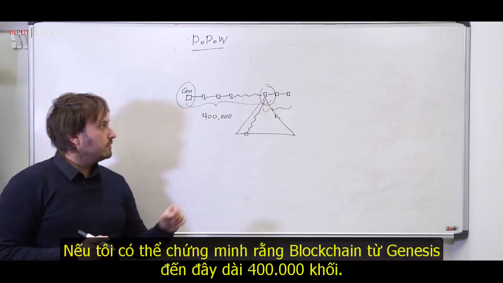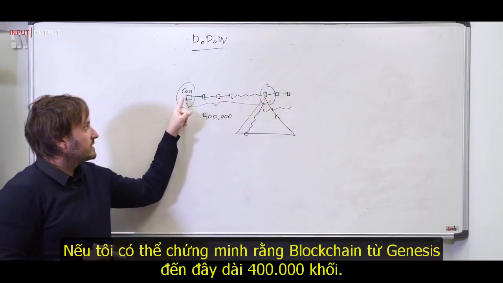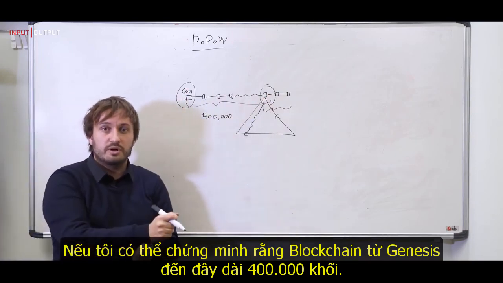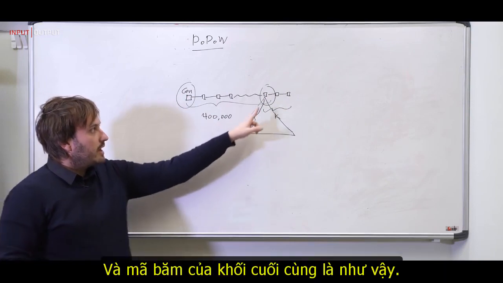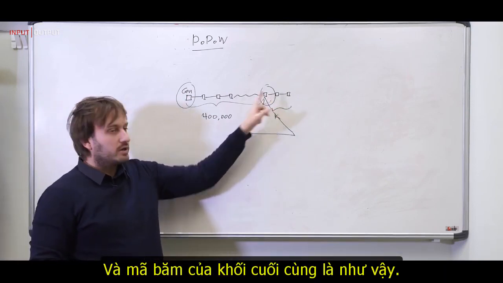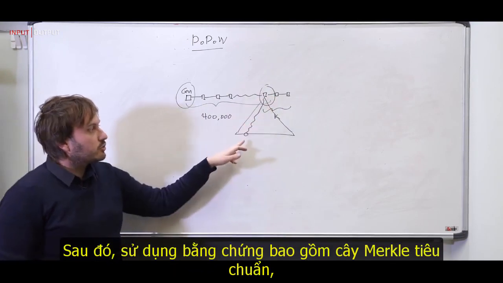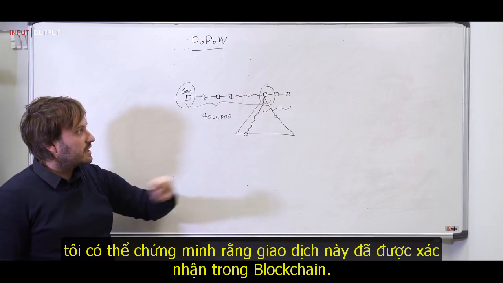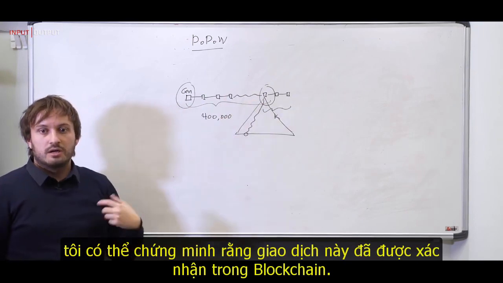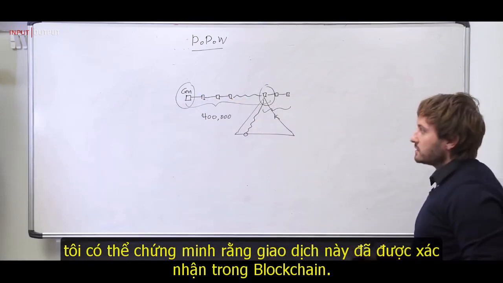If I'm able to show that the blockchain from Genesis to here, where Genesis is the string that you already know, is 400,000 blocks long, and the hash of the last block is such and such, then using a standard Merkle tree inclusion proof, I can show that this transaction was confirmed in the blockchain that has so many blocks.